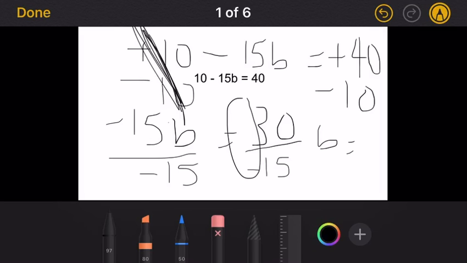Negative. My numbers are not getting along if they don't have the same sign. They're fighting. They're negative to each other. If they have the same sign, they're getting along. They're going to have a positive time together. So they do not have the same sign right now, so my answer is negative. And then 30 divided by 15 is 2. So b equals negative 2 here.